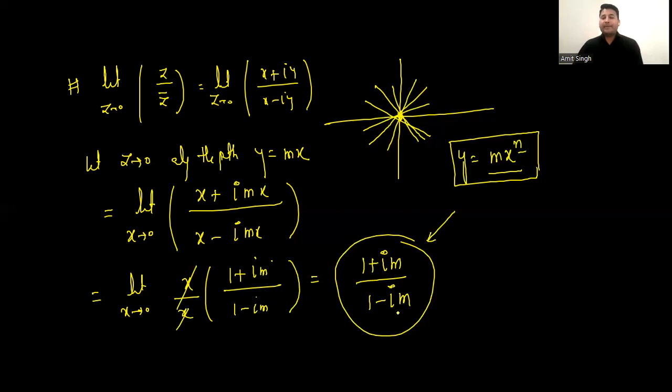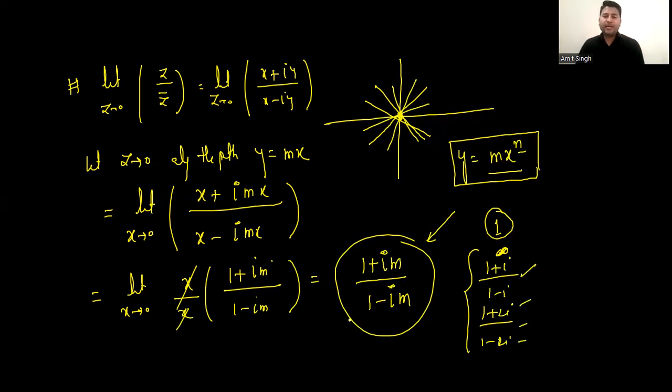If I take m equal to 0, I will get the limiting value as 1. If I take m equal to 1, it will be (1 plus i) over (1 minus i). Taking m equal to 2, (1 plus 2i) over (1 minus 2i). So different paths give different limiting values. It means the limit does not exist.